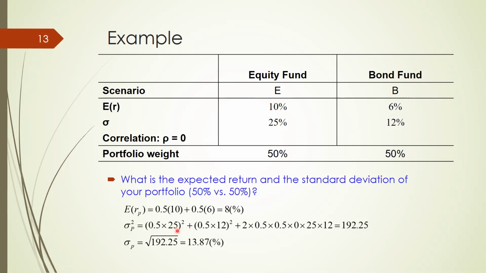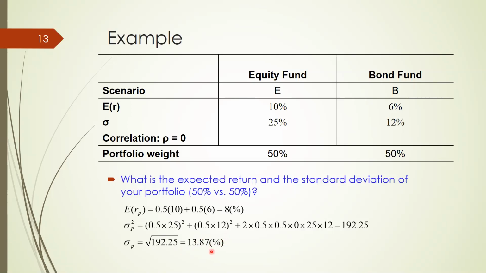Please note that because we abbreviated the percentage sign on the standard deviations, 25 and 12, they should be percent. So essentially the unit for the variance here is percent squared, because all the standard deviations are squared. When we take the standard deviation by taking the square root of the variance, we get 13.87, then we add back the percent because we're taking the square root of percent squared.